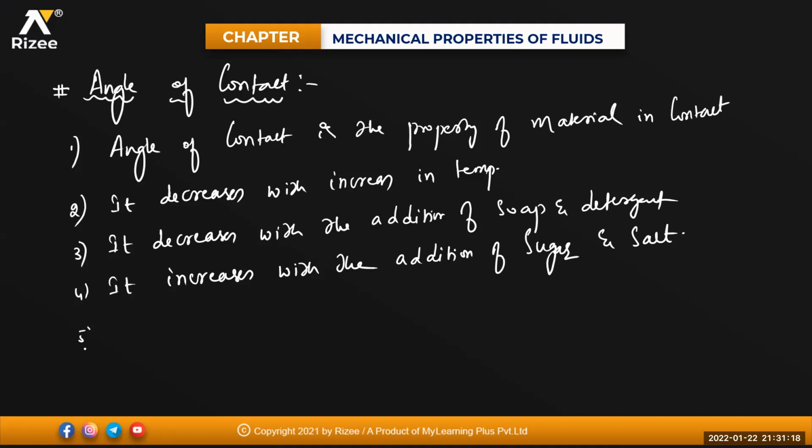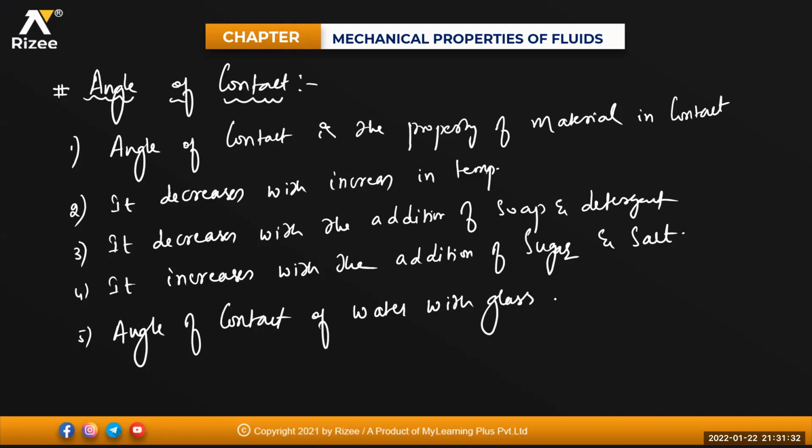Next one, the angle of contact of water with glass is 8 degree, is your 80 degree. And for mercury in glass, it is more than 100, so it is 140.